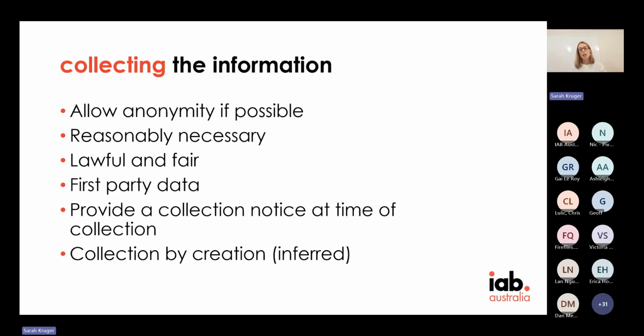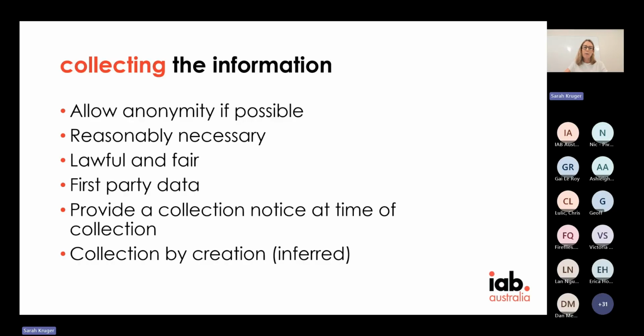First party data, really important, increasingly important. You must collect directly from the person unless it's unreasonable to do so. And there are special rules for collecting sensitive information, which we've already mentioned and we'll go through again, where you need consent.